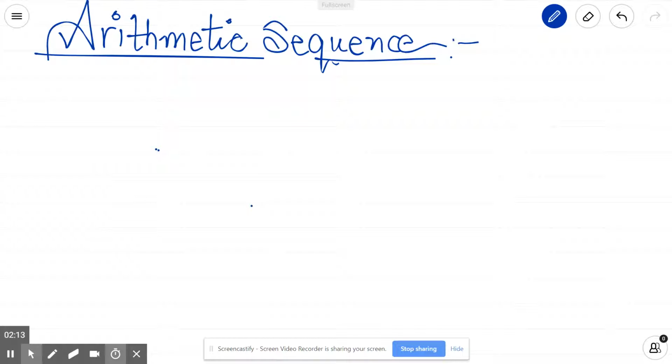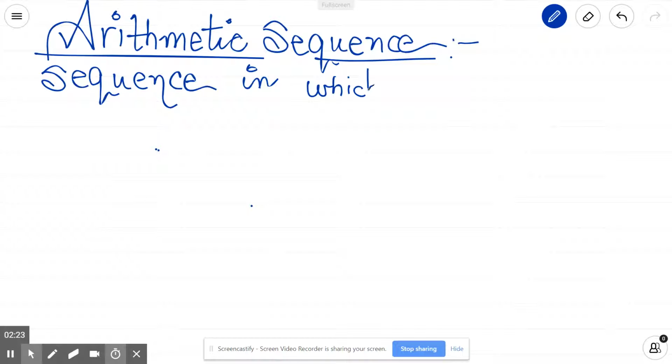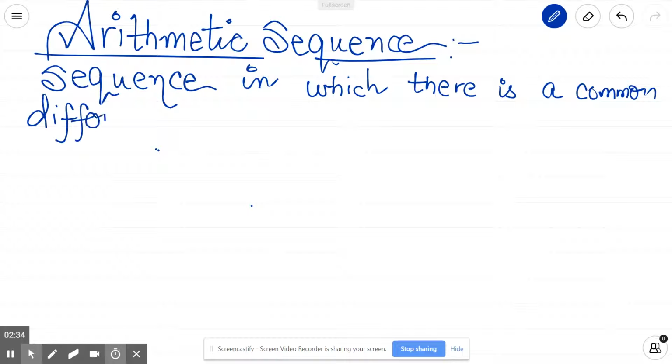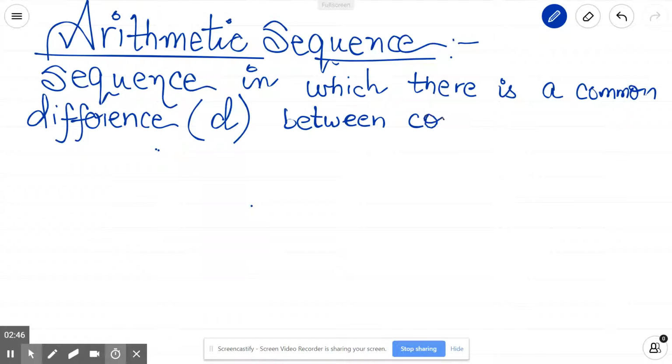So an arithmetic sequence is a sequence in which there is a common difference, and usually they label it as D, the letter D. And the common difference, D, is between consecutive terms.